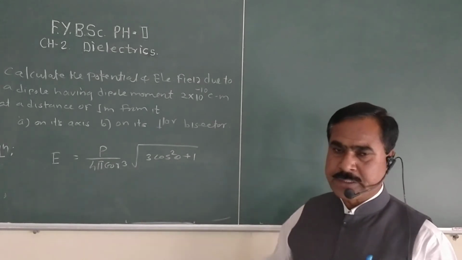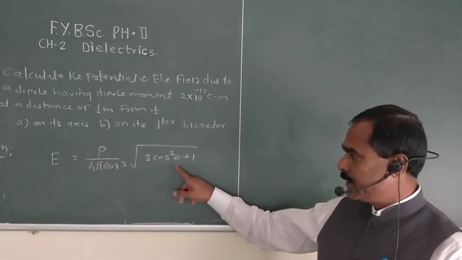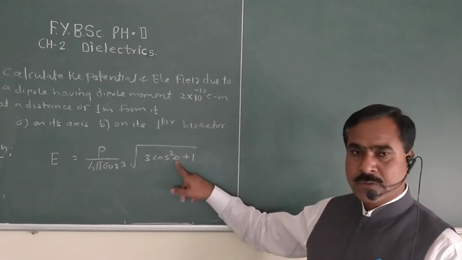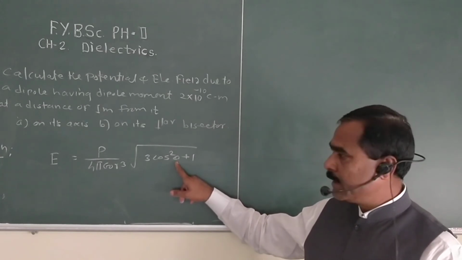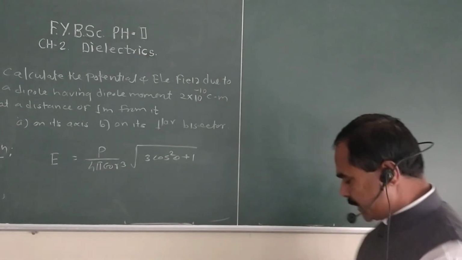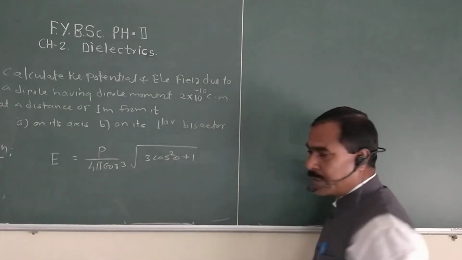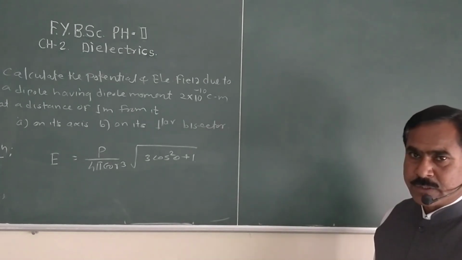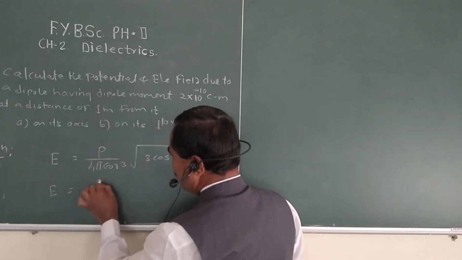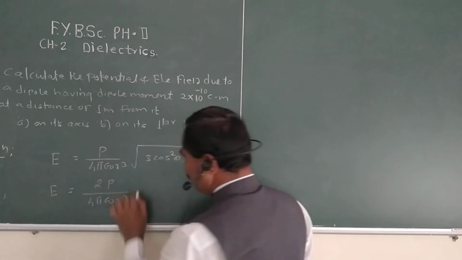When the point is on axial line, then angle theta is 0, so cos square theta is 1. Then we write 3 plus 1, that is 4, and outside the root it is 2. Therefore we write here E equal to twice P upon 4 pi epsilon naught R cube.